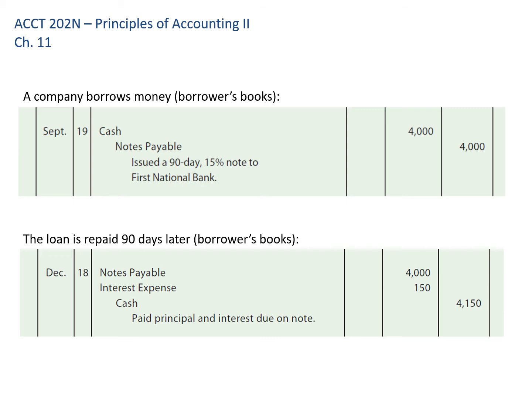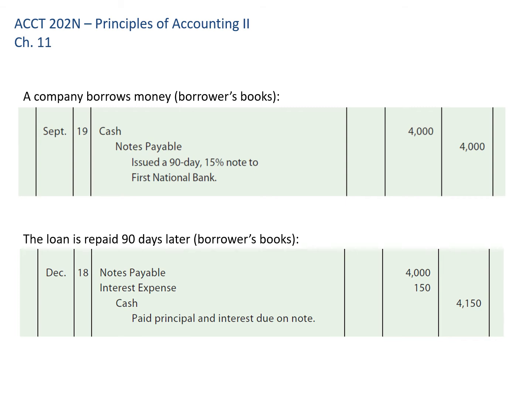We'll record interest expense. And remember, the formula for interest expense is the principal times the interest rate times the portion of a year. So this would be 4,000 times 0.15 times 3/12. And then we credit cash for the 4,150 that represents our full payment of that loan.